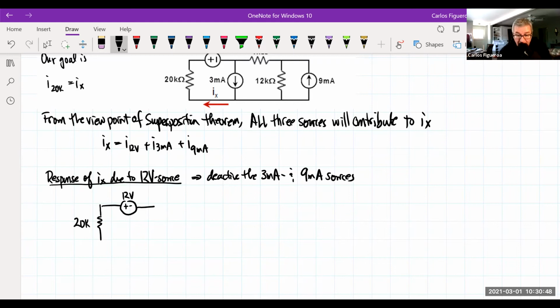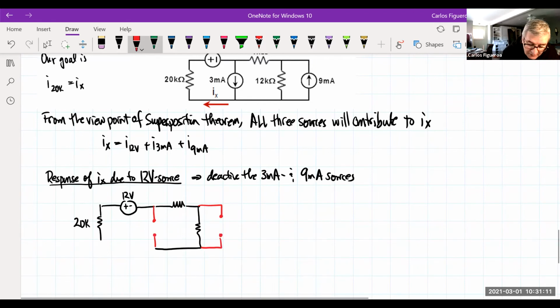So then I kill off my current source by putting an open here. Then I have my two other resistors. And then I kill off this guy right here with an open here.